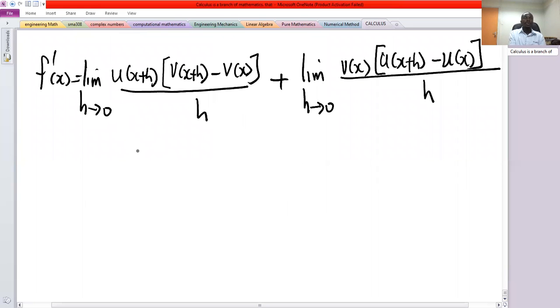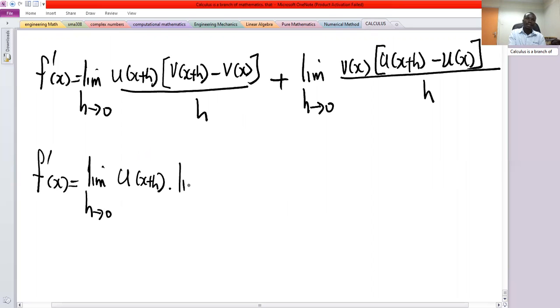Now, also, if I have a product of two functions, then I can also get the product of the respective limits of those functions. So the next step will be the limit as h approaches 0 of u of x plus h times the limit as h approaches 0 of this part, v of x plus h minus v of x divided by h, plus, now this v of x, the limit depends only on x, so I can factor it out.